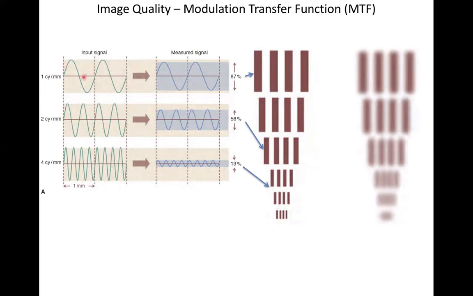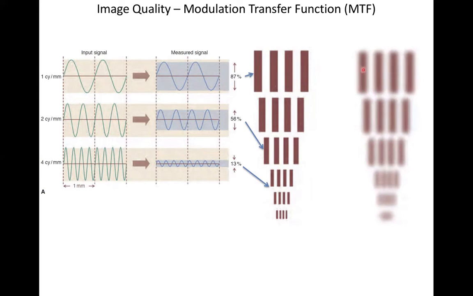If we put this signal into our imaging system, and this is what it looks like going into the imaging system, and this is what it looks like coming out, right? We can graph that as follows and take note that the amplitude seems to have been diminished or attenuated by our imaging system. And at this frequency, we have 87% of the amplitude left when we push this signal into our imaging system.